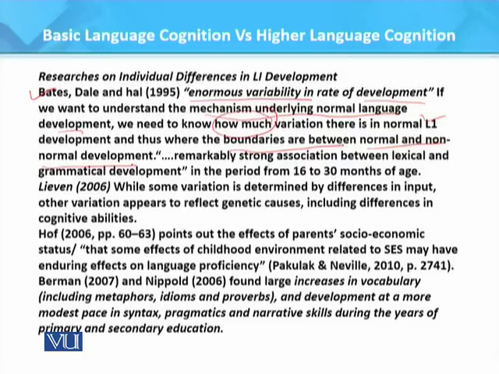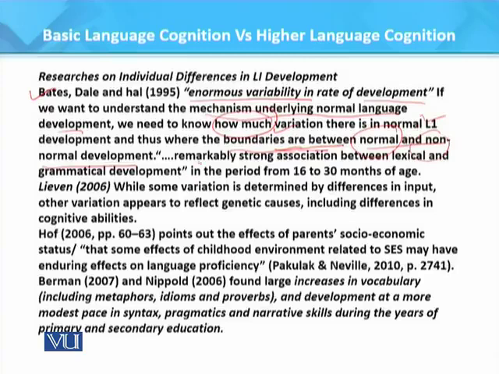So the emphasis is that to understand the mechanism underlying normal language development, we have to understand the differences, see how much variation there is, and also determine the boundaries between what is normal and what is non-normal.